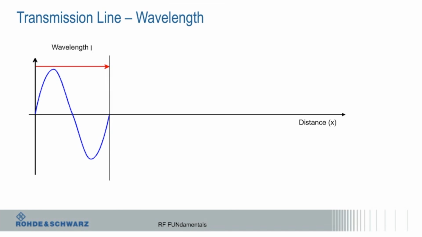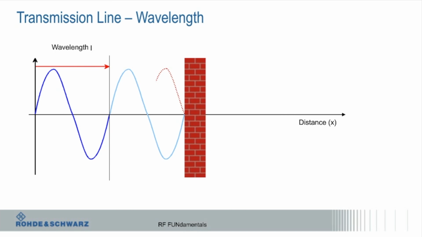Okay, so wavelength, I kind of talked about that, but it's really the distance for one period of a sine wave. I guess it doesn't have to be a sine wave, but anyways. So it'll continue on. Maybe you hit some obstruction. In this case, we're talking about a reflection, so that signal is now bouncing back. So in the case where you had asked me, how can you have a signal bigger than what you sent?